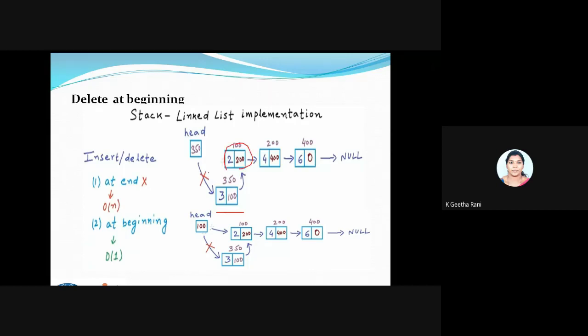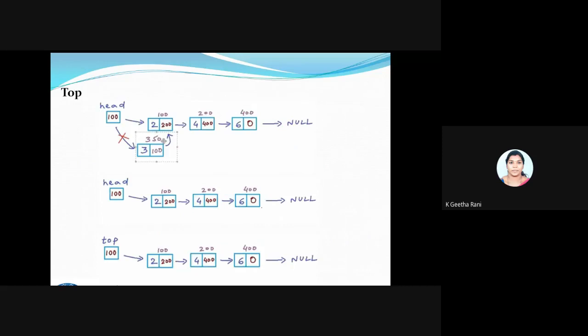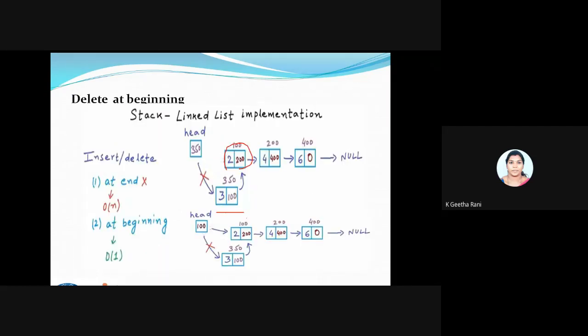So this particular link will be discarded, and this link will be shown like this. You can see here I'm just discarding this first node. Just changing this address alone is enough. So both inserting a node at the beginning and deleting a node at the beginning give me a very low complexity. I'll call this order of 1.